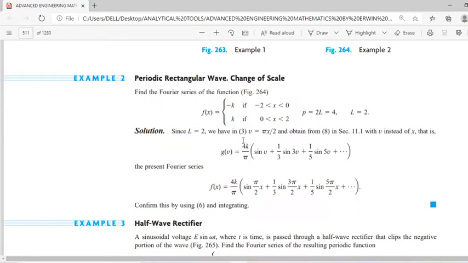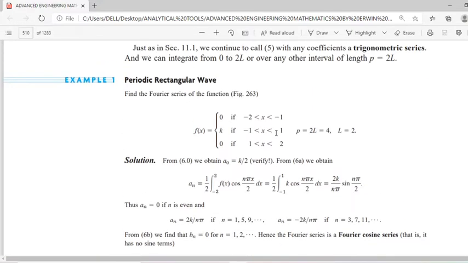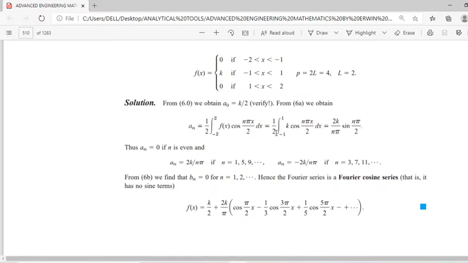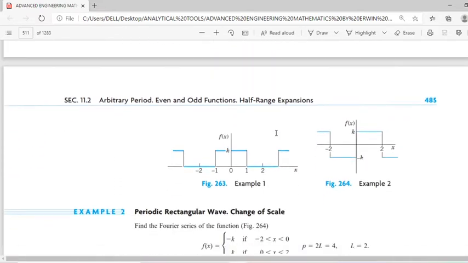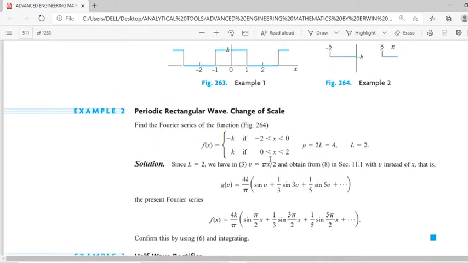You can use the variable pi x by L, that means pi x by 2. As we saw in the previous problem, you can find out a naught, an and bn, so that the final series is given. The cos term becomes 0.